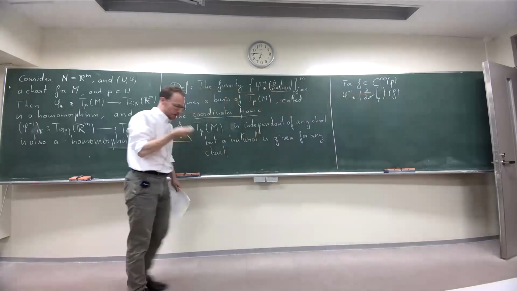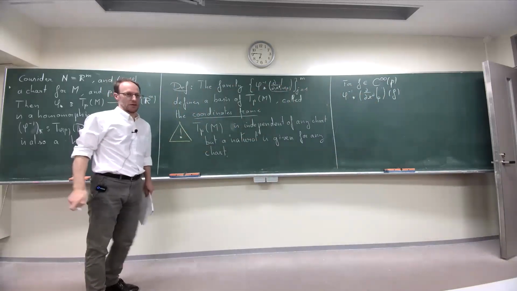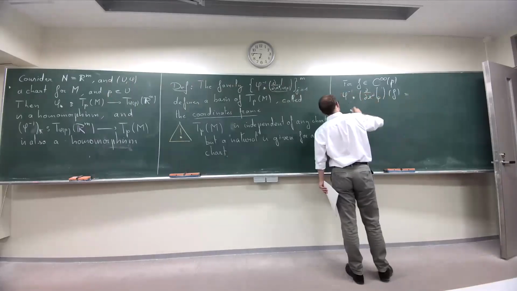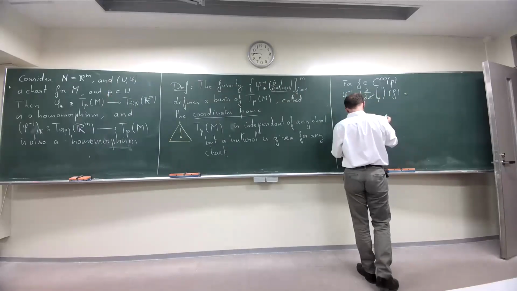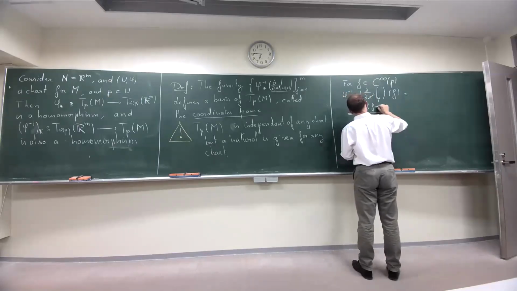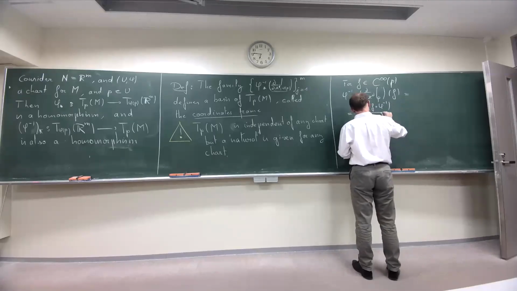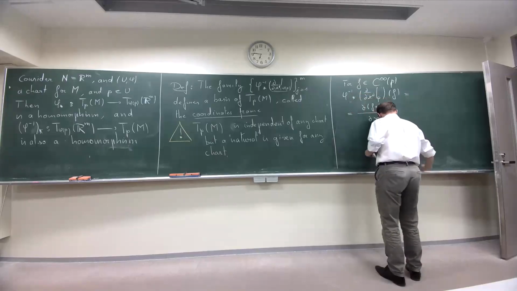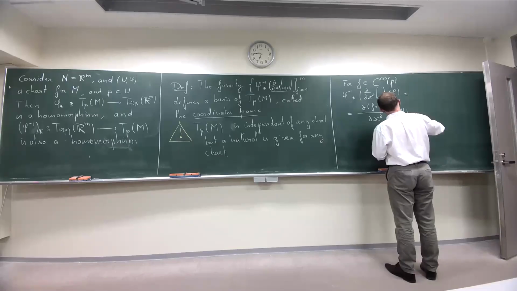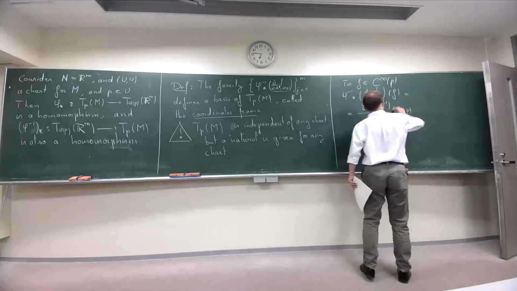Remember, an element of the tangent space is a linear map that you apply to a function. And now you look at how we define this, and you get that this is nothing but d of f composed with phi^{-1} over dx_j evaluated at phi of P.